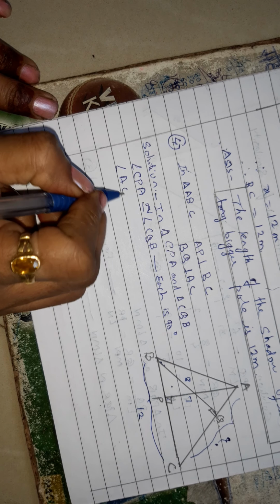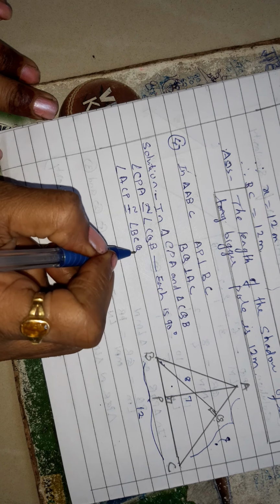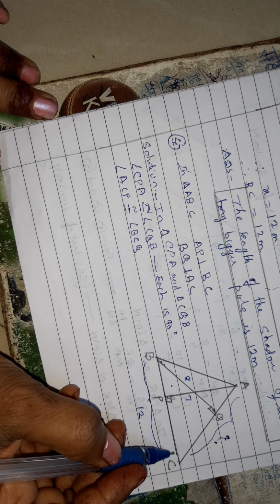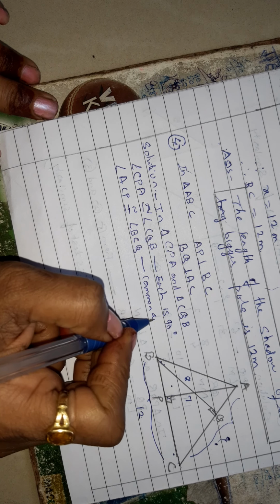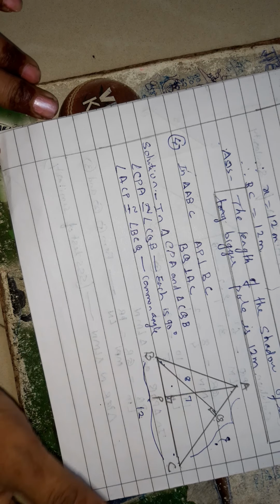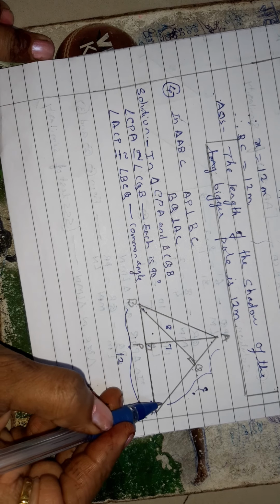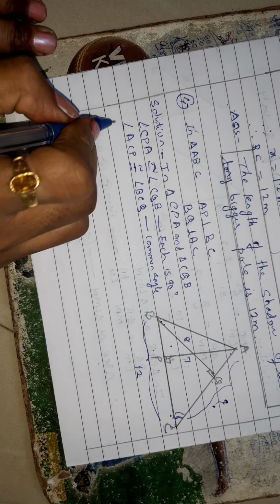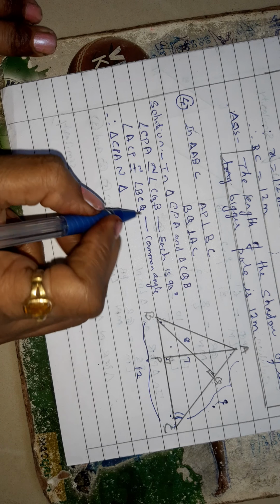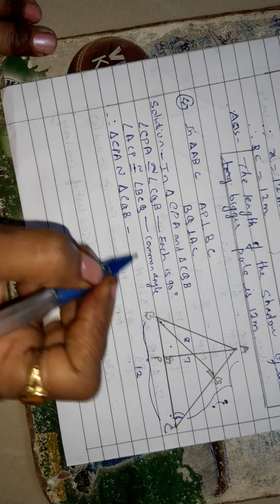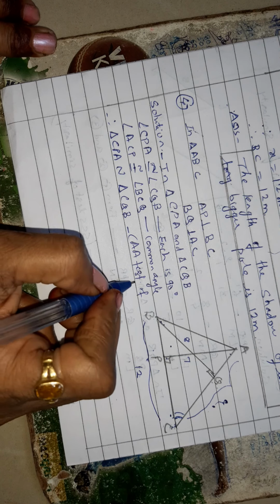Then angle ACP is congruent to angle BCQ because it is a common angle. See here, ACP and BCQ, C is common. So triangle CPA is similar to triangle CQB by angle test of similarity.